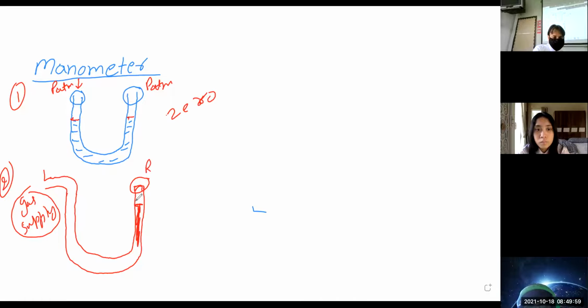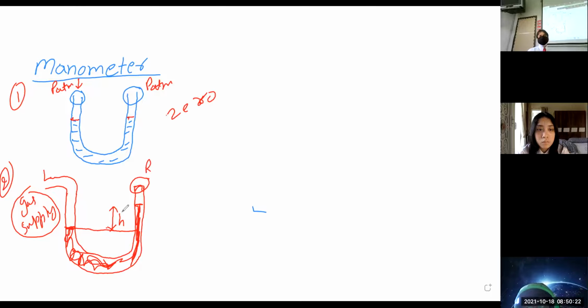Children, suppose initially it dipped here, and then you will find this is the difference in the height of the mercury level between the left-hand side and the right-hand side.